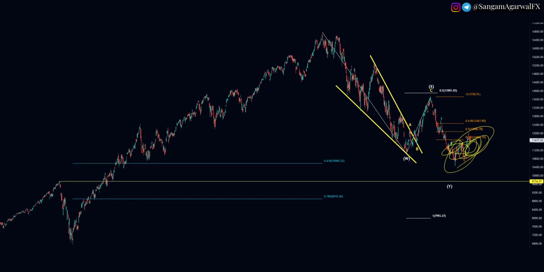NASDAQ is making less retracement compared to Dow Jones and SP500, because these tech stocks, these big companies were in heaven when interest rate went zero in 2009, and they started a new policy QE, and since beginning of this year this policy has been ended, 0% interest rate is gone, and QE monetary policy is also gone.